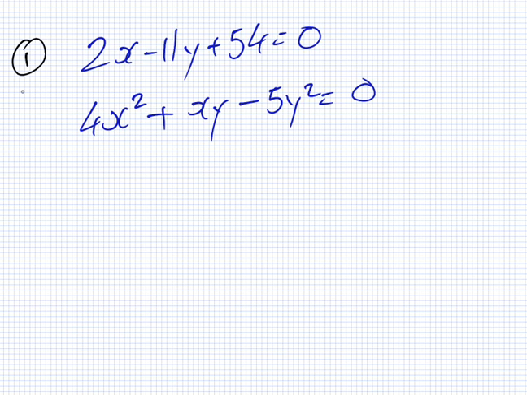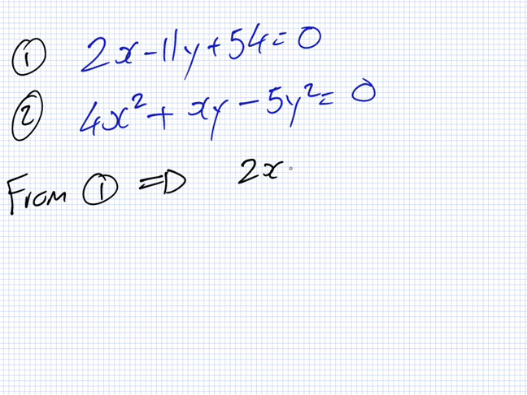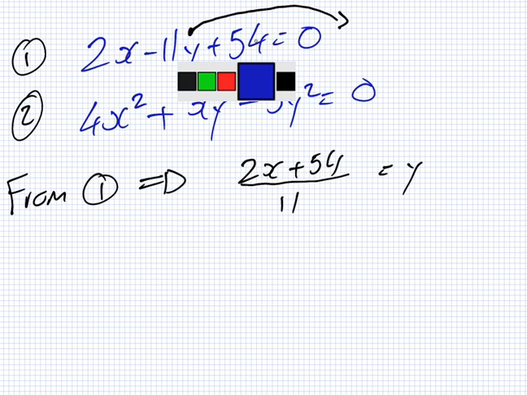Let's try it though. From 1, we can say that 2x plus 54 over 11 is equal to y. What I did was take this to the right and make 11y and then divide by 11. So I got my y.